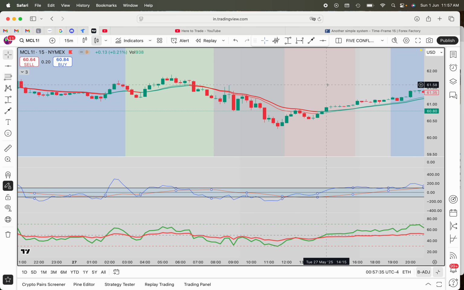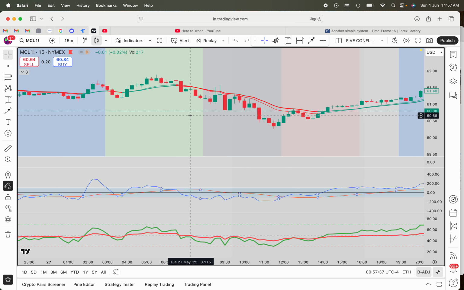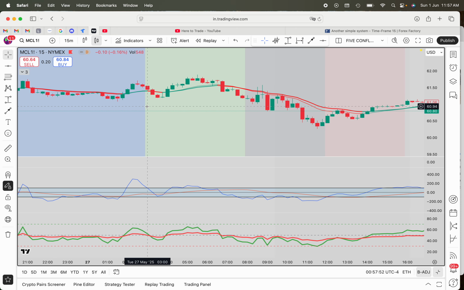All right, let's see if we can find some trades. Also on the chart, I have a moving average. Well, I actually have two. There's a 15 and a 20, but I'm always looking at the 20, okay? Basically, in my mind's eye, when price is below the 20 EMA, it's short, and when price is above the 20, it's long.